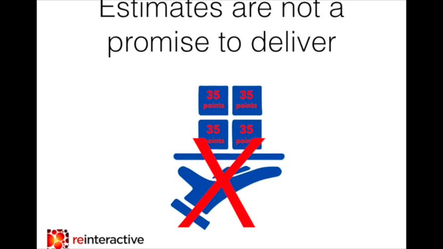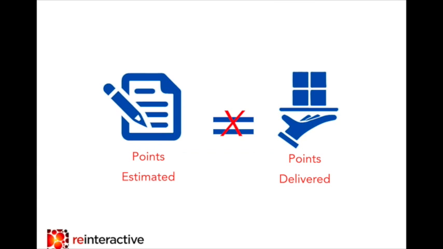What we're not doing is committing on what is going to be delivered. So we don't say, oh, we've got an average velocity of 35 points a week, and therefore we know we're going to deliver 70 points of features over the next 2 weeks. Points are not a tool to ensure developers are going to deliver a set amount of features each week.